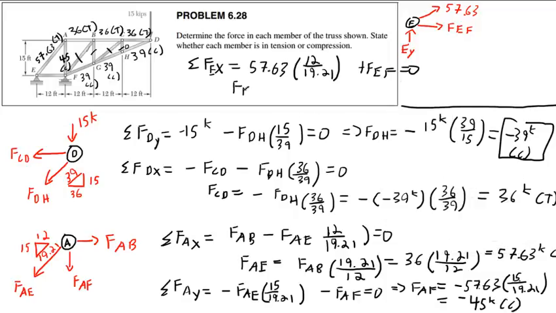FEF equals negative 57.63 times 12 over 19.21 equals negative 36 kips compression.